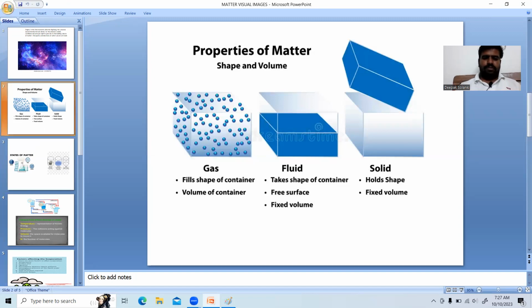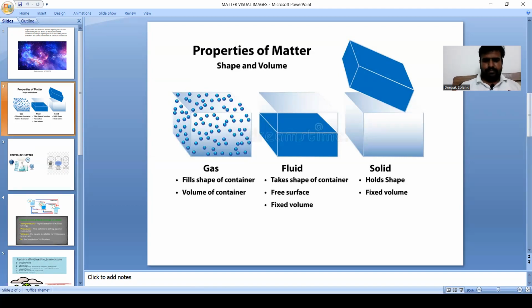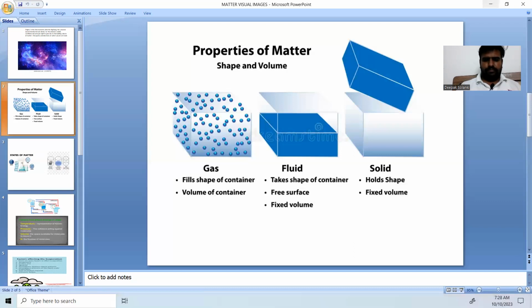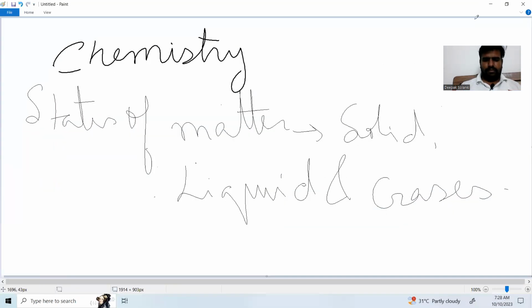Here comes another process called diffusion, in which intermixing of particles takes place.